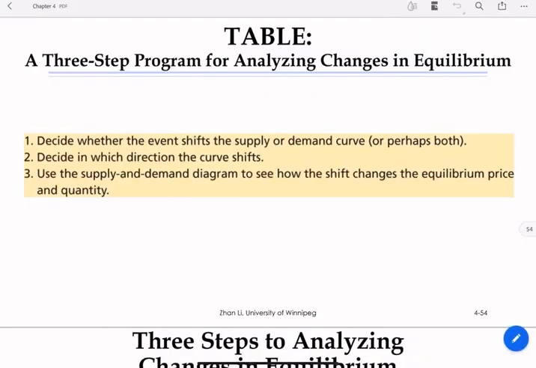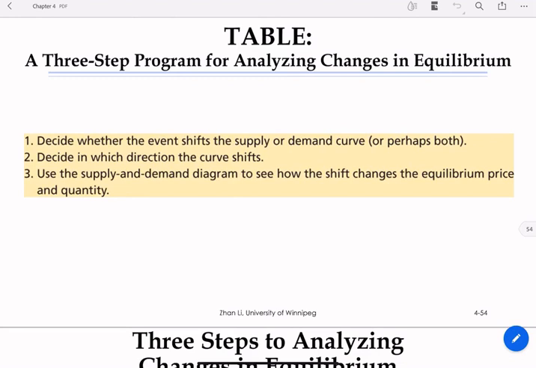Okay, let's continue our analysis on market equilibrium. Basically, we started this three-step process to analyze changes in market equilibrium. So the first step is you want to understand whether there would be a change in demand or supply.